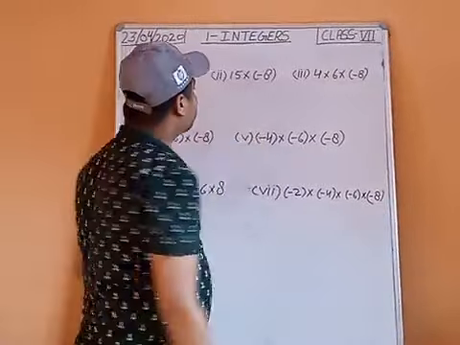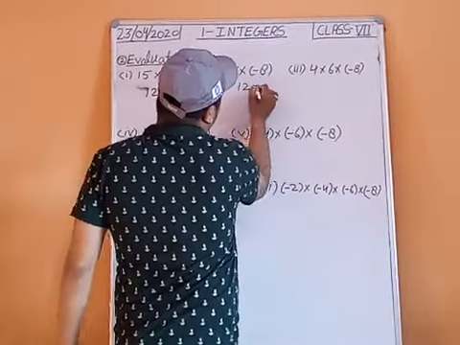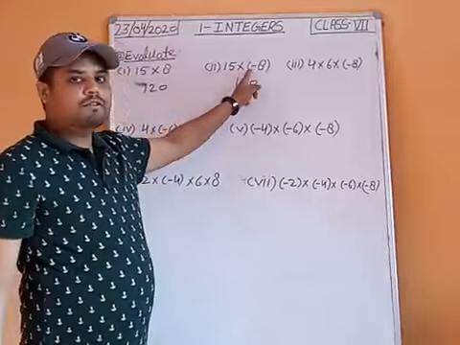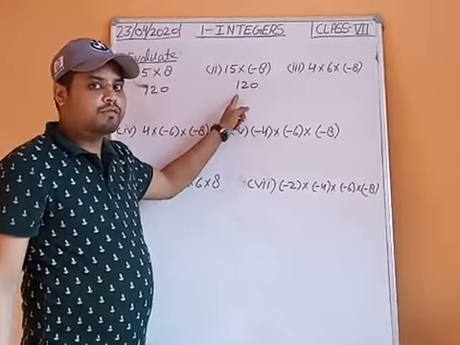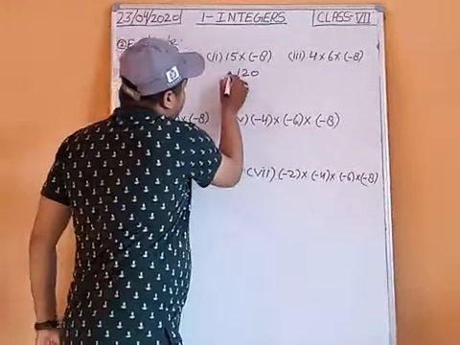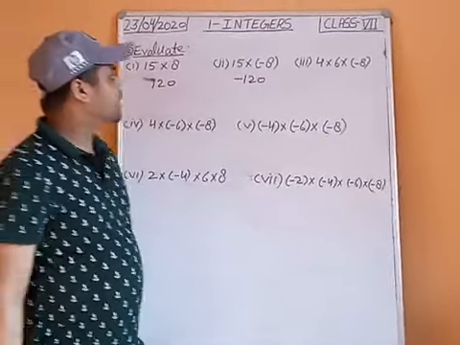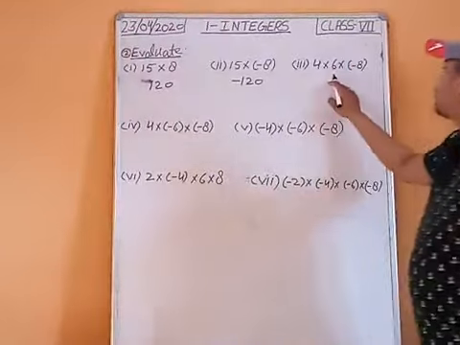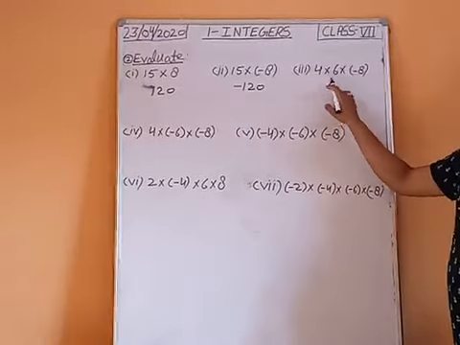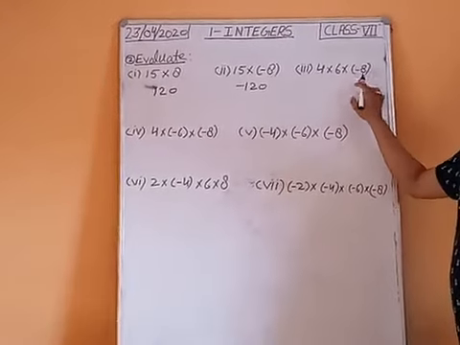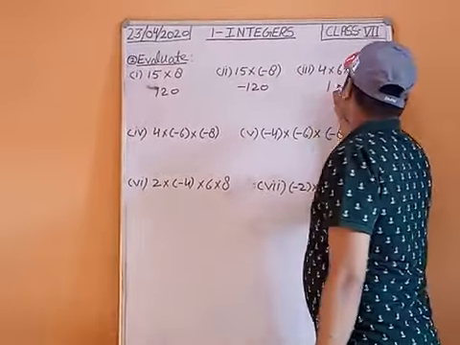Then plus minus, what sign will come? Minus sign. Plus minus 120. Then 4 6s are 24, 24 8s are 192.